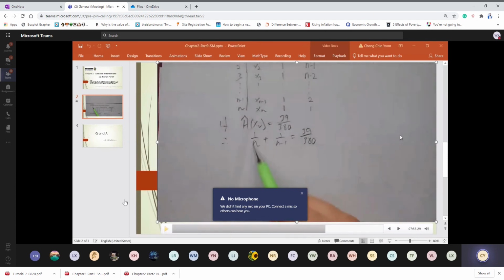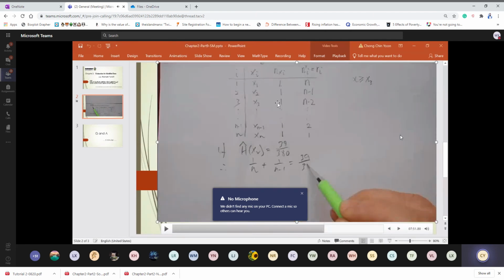So in this one you need to consider only two. Only the first two lines you have to consider, not all, because we are trying to calculate the cumulative hazard at x2. Therefore we only consider n and n minus 1 from the risk set. Okay, not all, please continue.